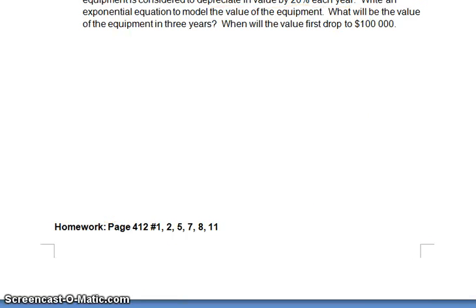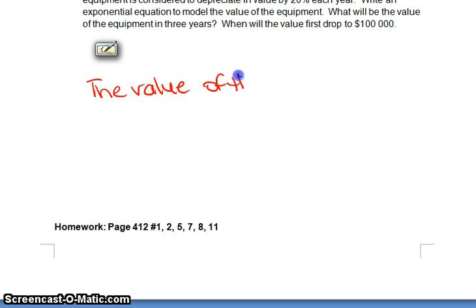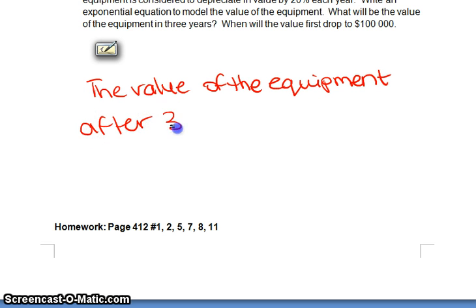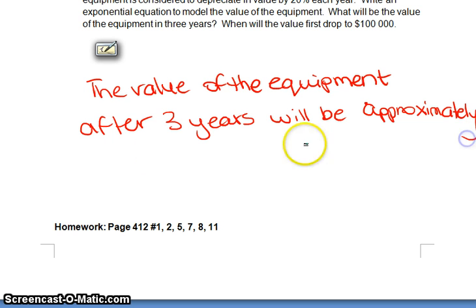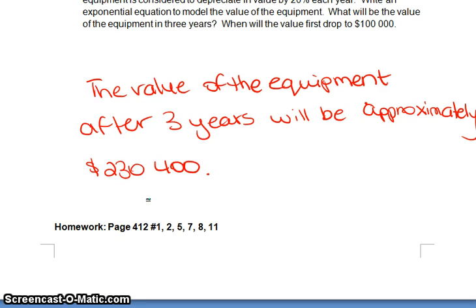So for the first question, we could say the value of the equipment after 3 years will be approximately equal to, and we came up with $230,400.